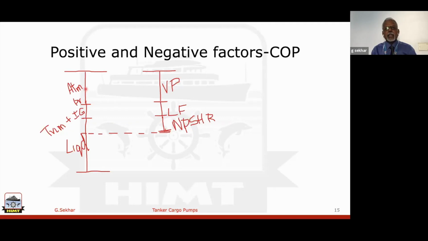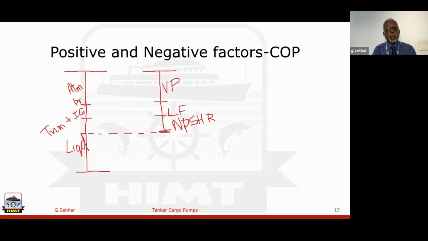We all know atmospheric pressure is how many meter liquid column? When you say atmospheric pressure is 1.0, let's take about 1, and converted into meter liquid column you can say 10 meter. Theoretically, 10 meter liquid column is the atmospheric pressure. So I have converted atmospheric pressure into meter liquid column and I am representing it here.